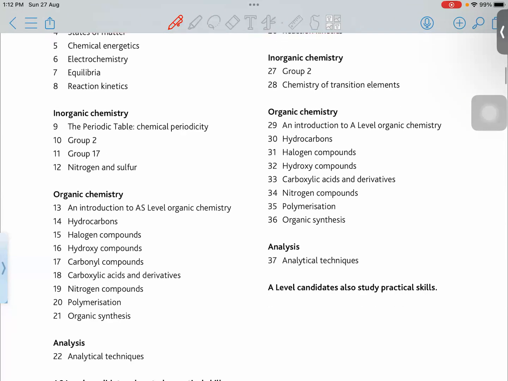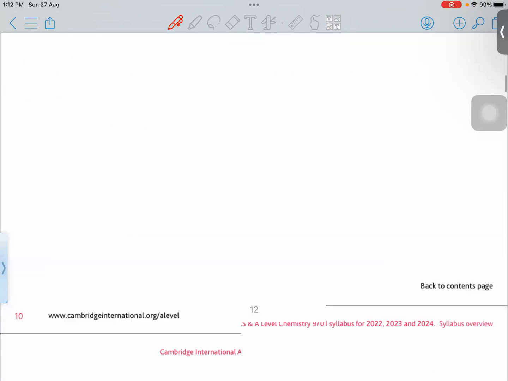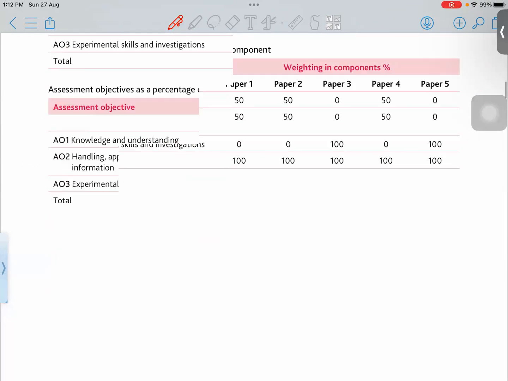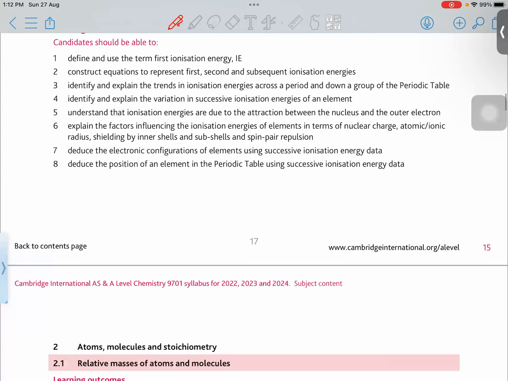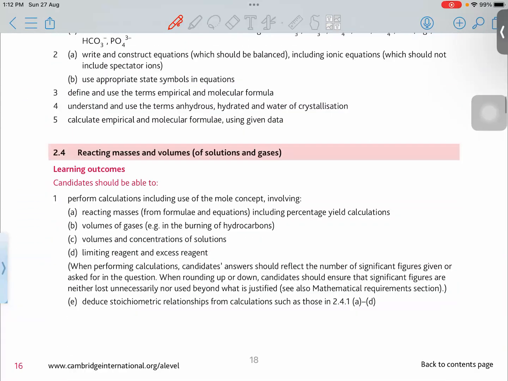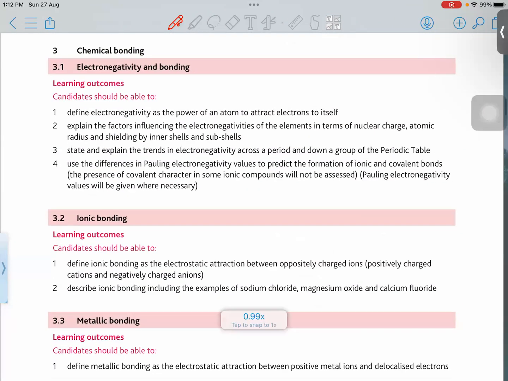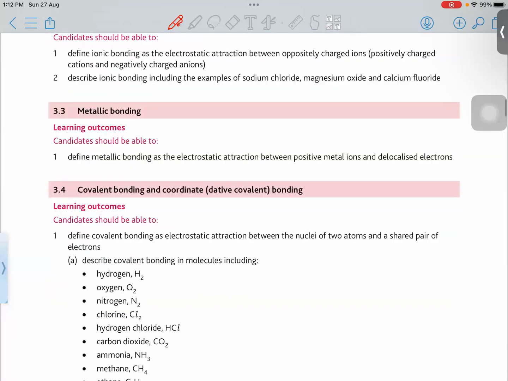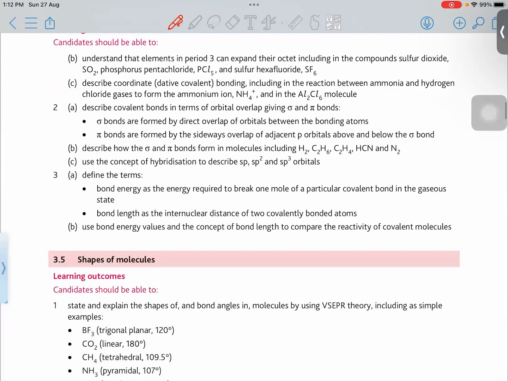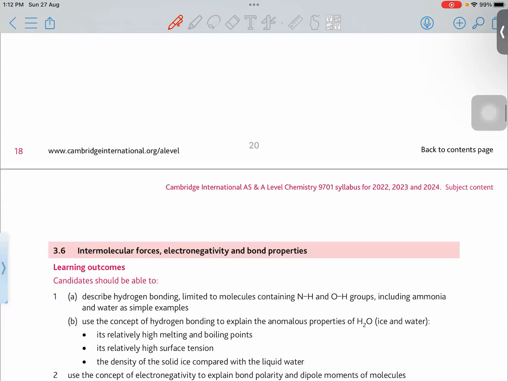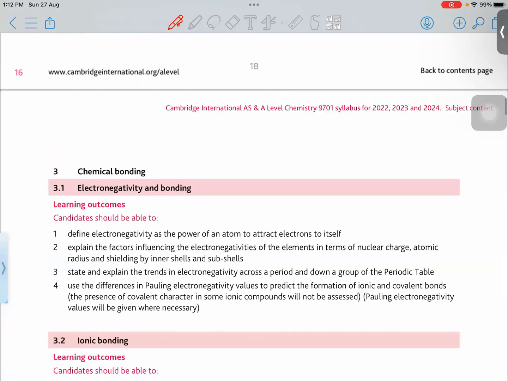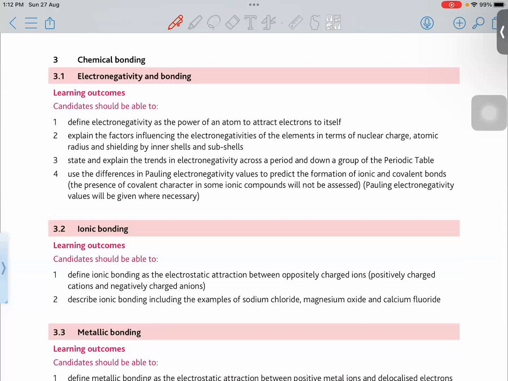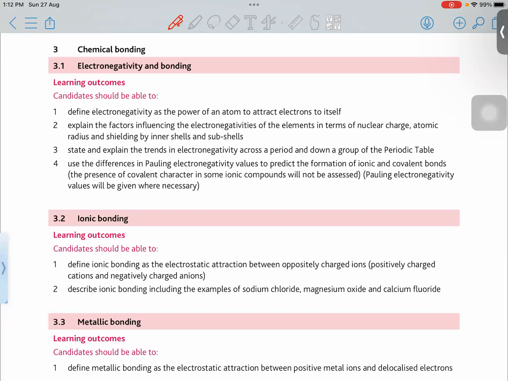We have completed atomic structure, and the second chapter is chemical bonding. We have 7 subtopics. First is 3.1, electronegativity and bonding.